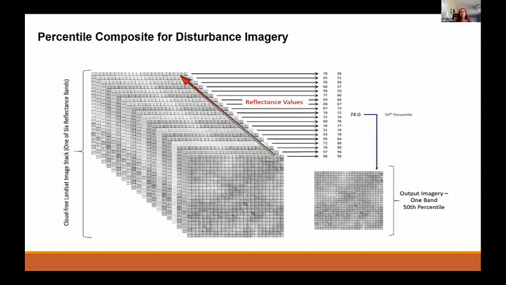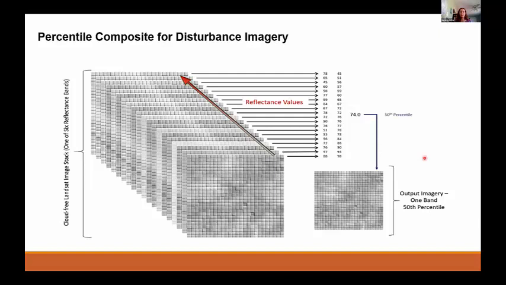So the first thing we do is create these percentile composites, and essentially we get a range of dates of imagery, and then we order the spectral reflectance of those images per pixel. You can see first they were all kind of mixed up, then we order it, and then we take the 50th percentile. So we know that it's representative of that season. It's not going to be too high, too low, or somewhere out in left field.